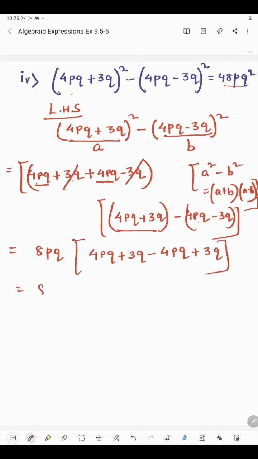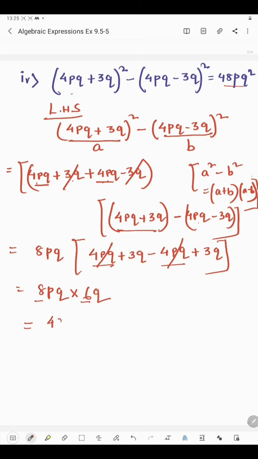Now here 8pq will remain same. Here we can see that in the bracket we have this term pq and this is having opposite sign, so we can cancel these two. So what we have got, 3q plus 3q, so it is 6q. So 8pq will be multiplied by 6q. So how much? 8 into 6. We'll multiply the coefficient at first.